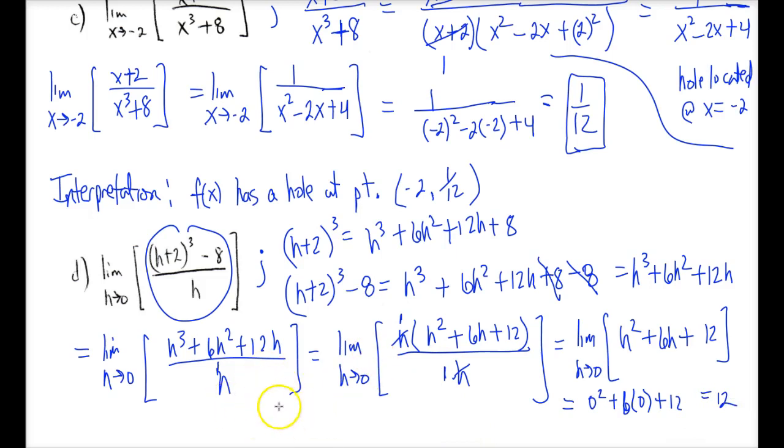And so the answer to this limit would be 12. The interpretation of it is that for my function f of x, which is x cubed, at the point (2, 8), the slope of the tangent line that goes through the point (2, 8) will have a slope of 12. That's literally what we did here for example D.